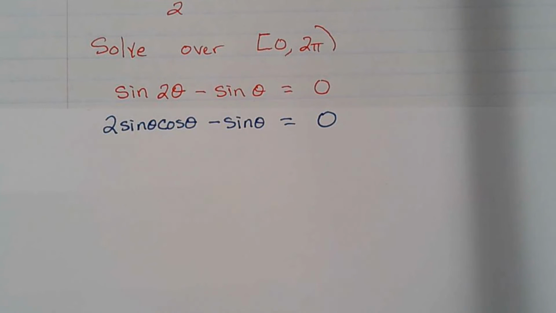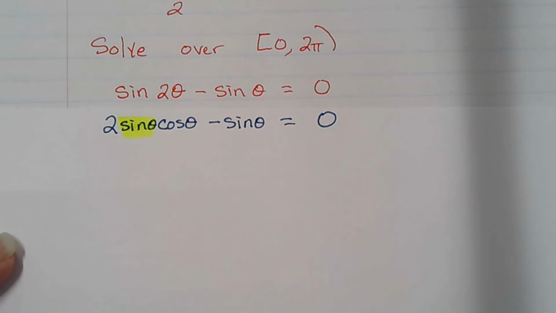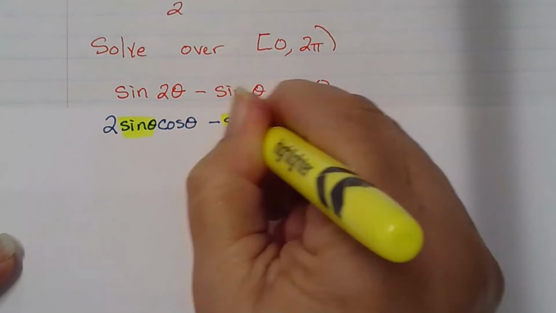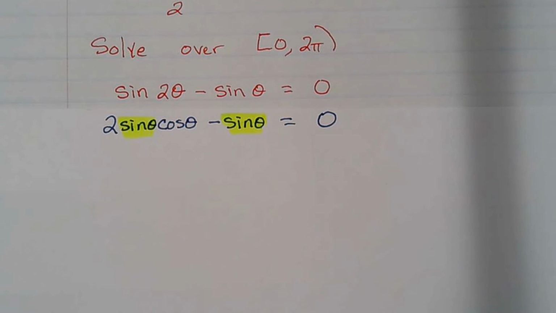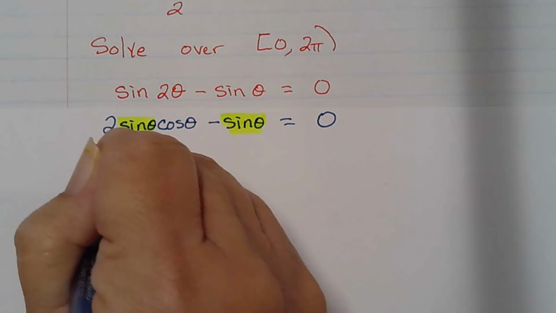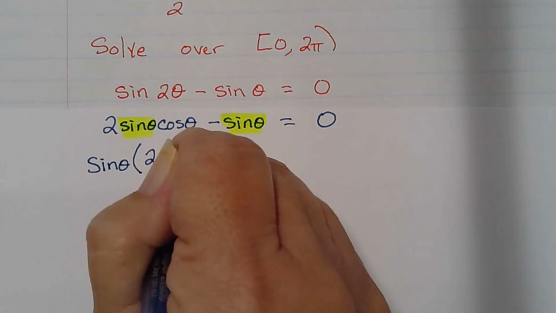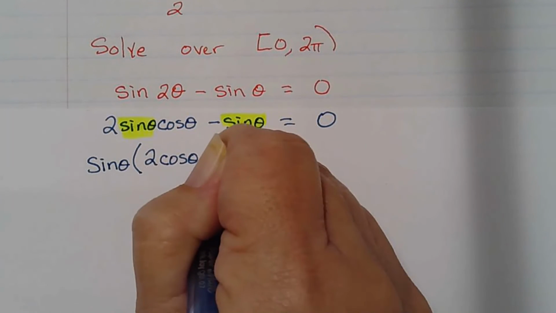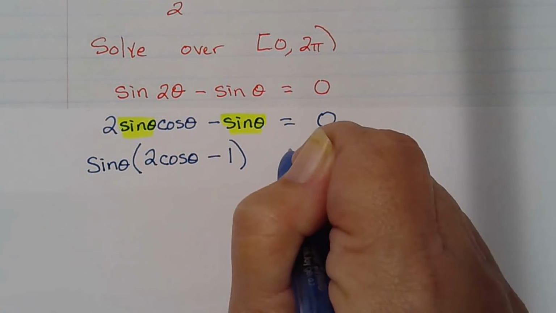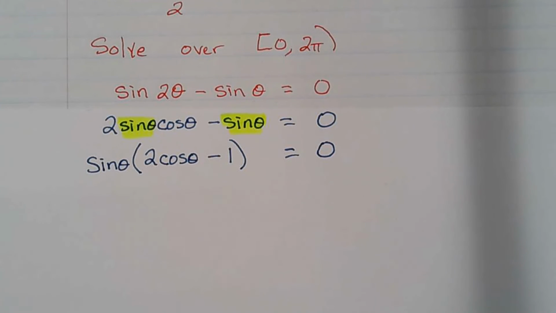All right, very good observation. We've got a sine theta in our first term, and we've got a sine theta in our second term. So that's a common factor. So we're going to factor that out. So that's going to give us sine theta times 2 cosine theta minus 1. So that's an algebra skill of factoring out a common factor.